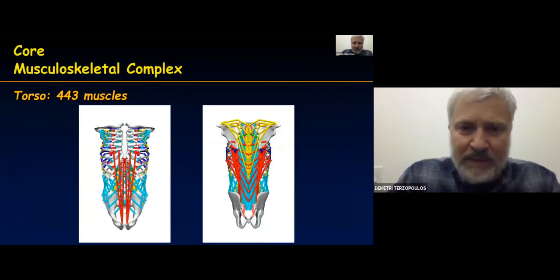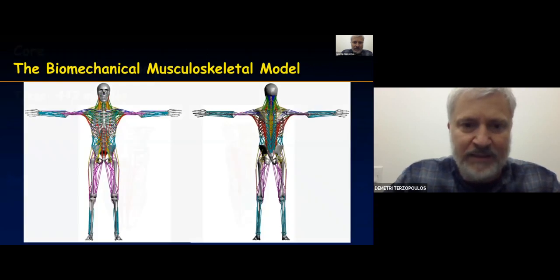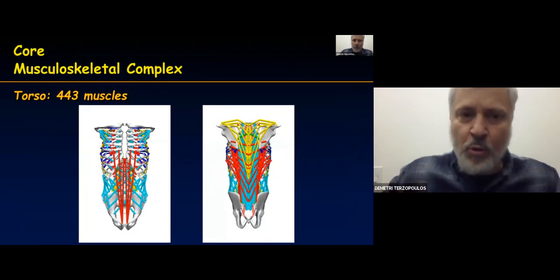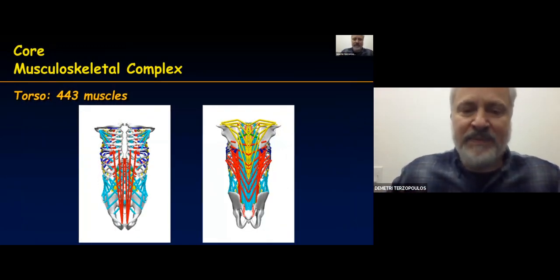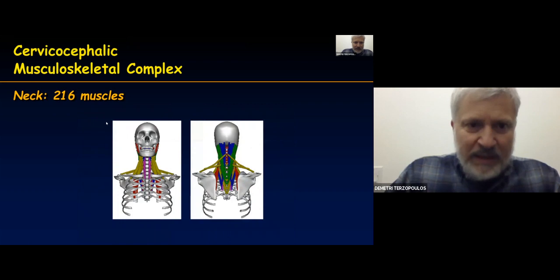So we want to break it up into musculoskeletal complexes, as they're called. So we've got the torso or core complex here, and that contains 443 muscles, a lot of muscles in your torso. Then we have the neck.